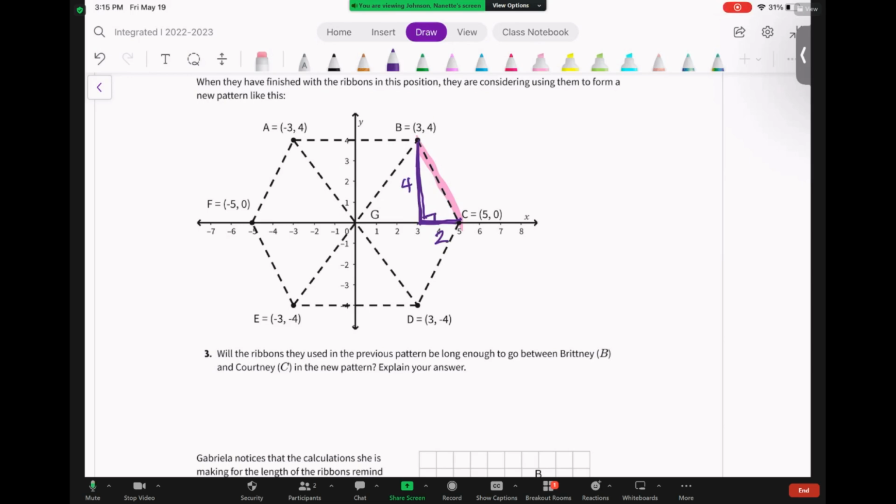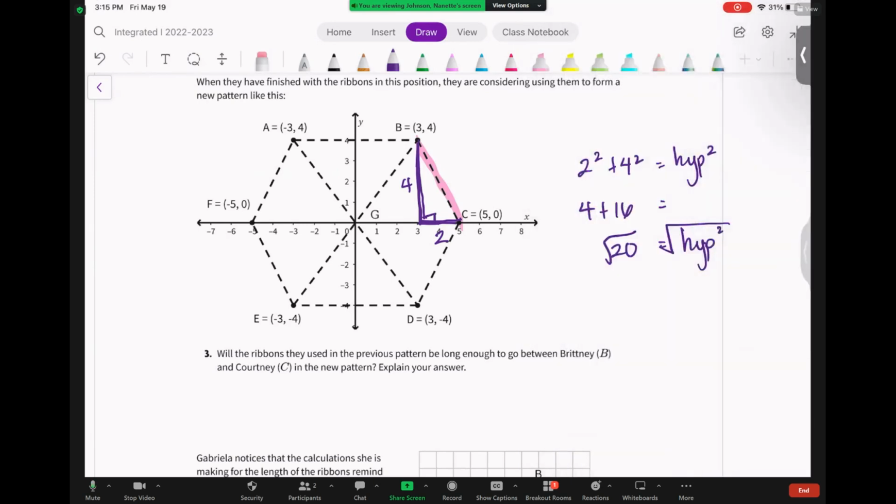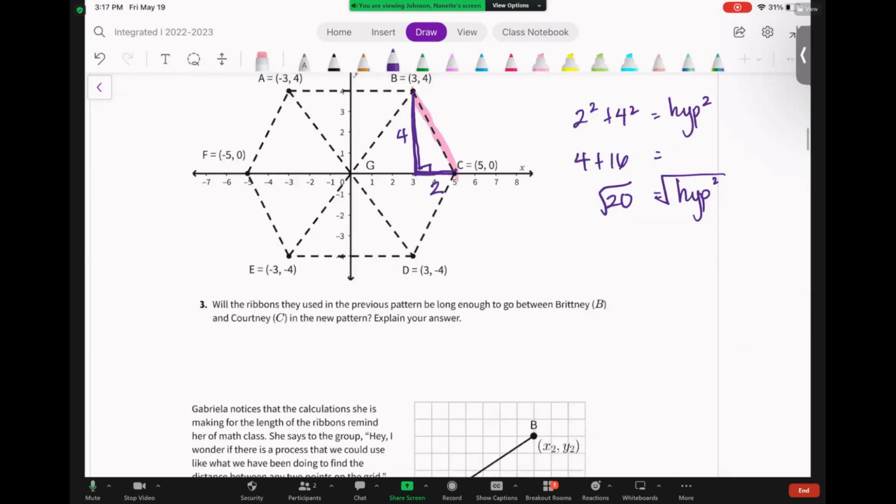So I'm just going to use 2 squared plus 4 squared equals hypotenuse squared, which is 4 plus 16, which is 20. Then I'm going to take the square root of 20 on my calculator, which is about 4.5. So BC is about 4.5.